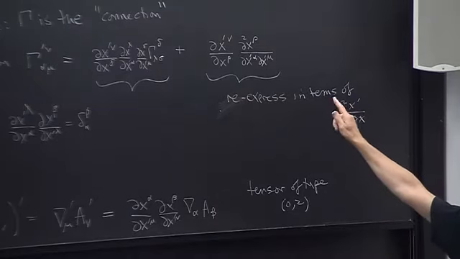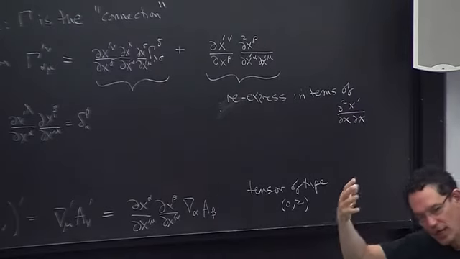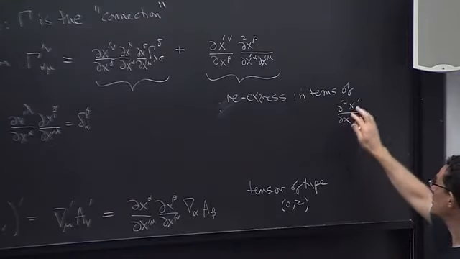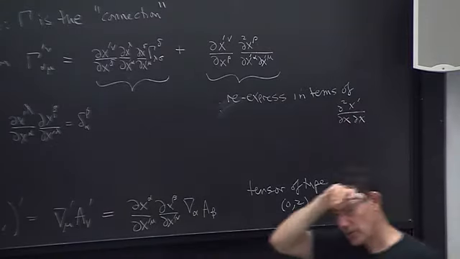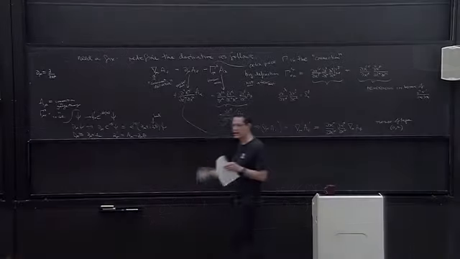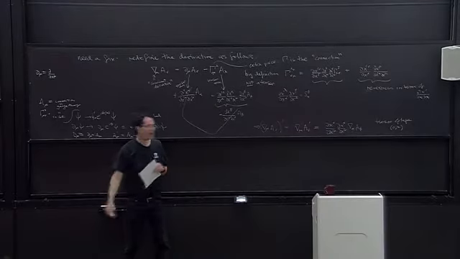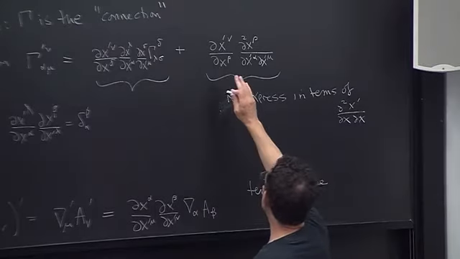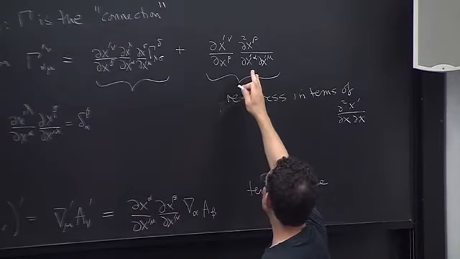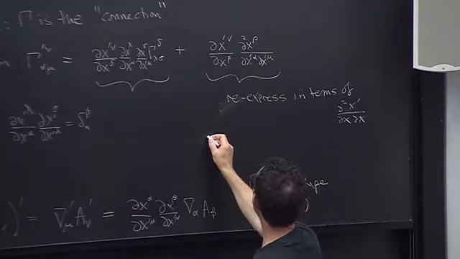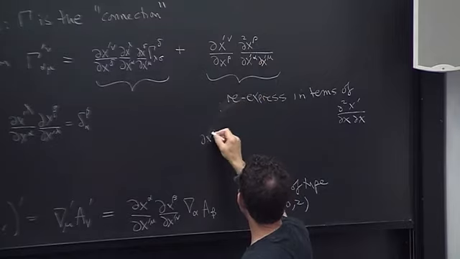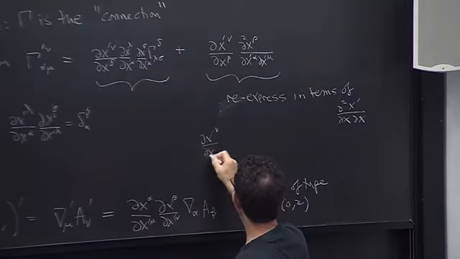You see, this term was canceling the d2x dx prime squared. What I need in the other case is d2x prime dx squared. It's clearly related in some way. How is it related? The way you relate it is realizing this is kind of the derivative of this identity, right? If I just dropped one of the derivatives there, I would have this.